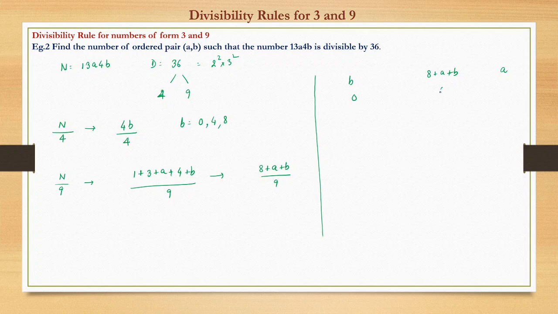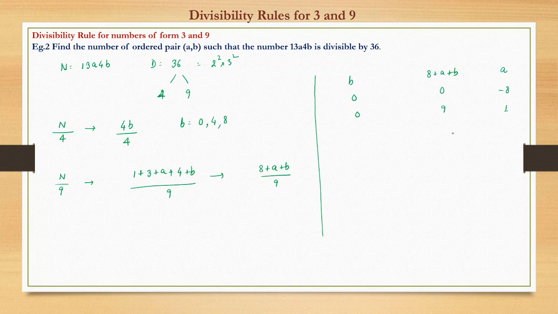So let us start with 0 here. This means A is minus 8, which is not possible. A has to be a positive integer or 0. Then again we will check 9 here. If 8 plus A is 9, then A is 1, right?